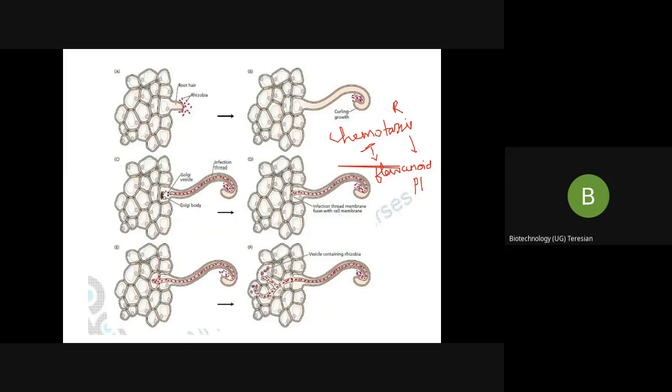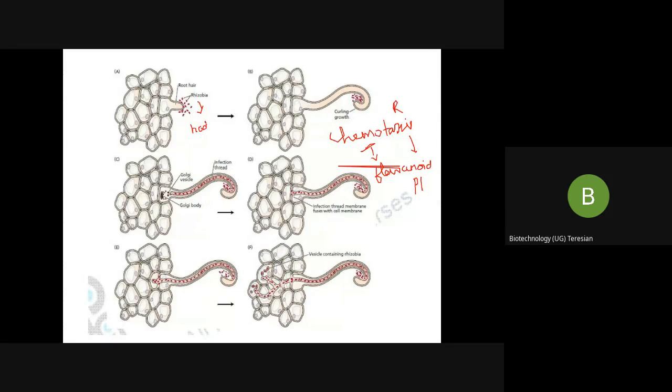Now following this chemotaxis, the rhizobium will go and attach to the root hair of that plant and release the nod factors. The rhizobium has been attracted and goes near the root hair of the plant, and it secretes the nod factors.